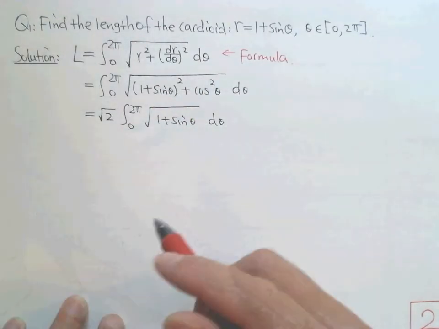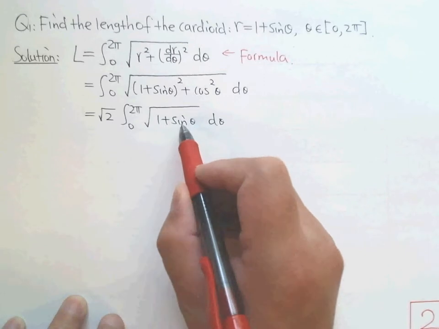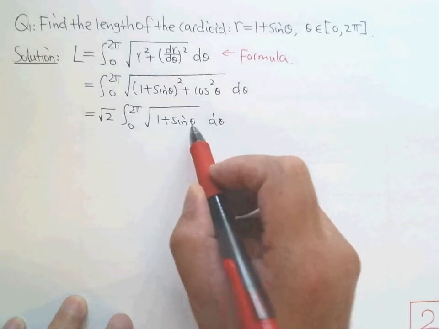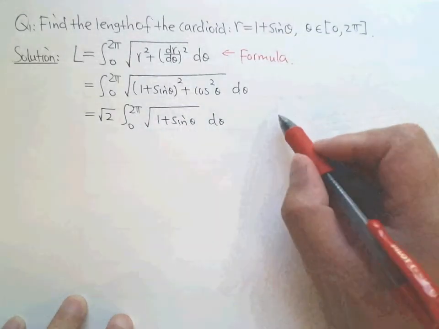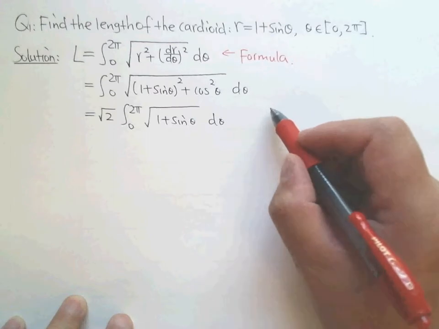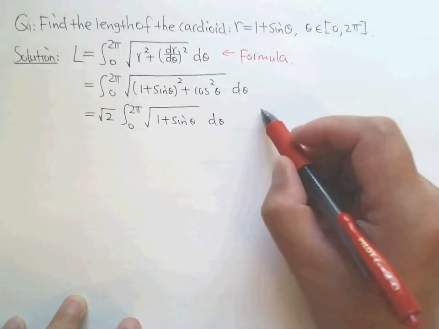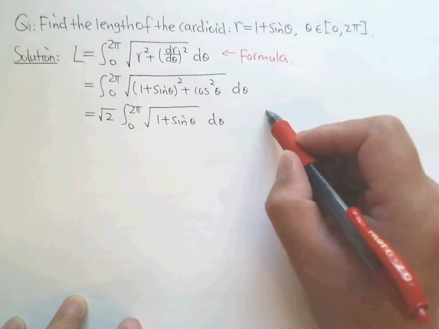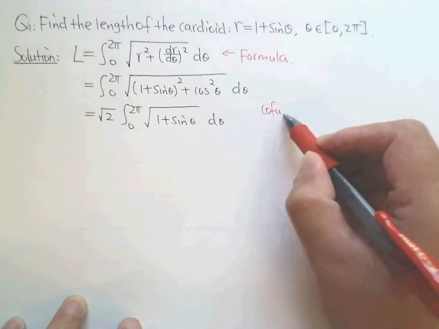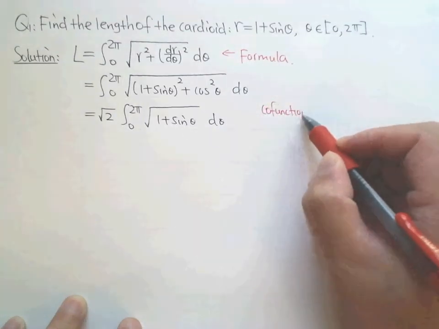The double angle formula is 1 plus cosine, so we have to change the sine to cosine. Changing sine to cosine is easy, and we have a cofunction identity, right? So I put it here, cofunction identity.